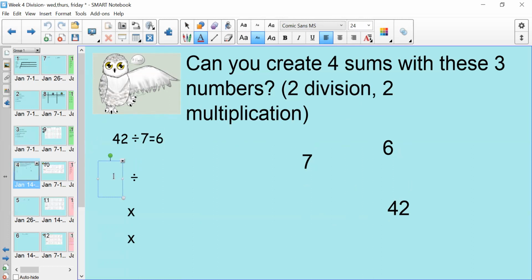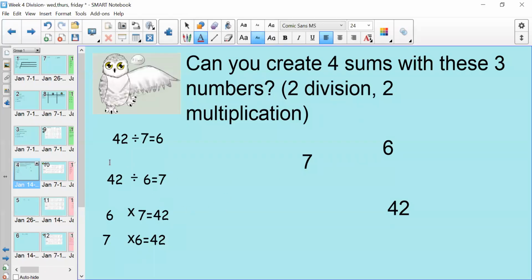And then we could do 42 divided by 6 equals 7. And then we could multiply 6 by 7 equals 42. And we know that when we are multiplying 2 numbers together, it creates a bigger number. And then we would have done 7 multiplied by 6 equals 42.